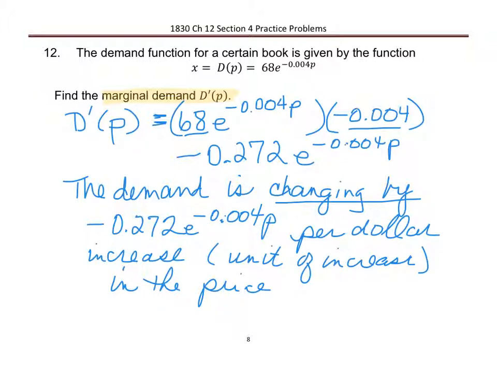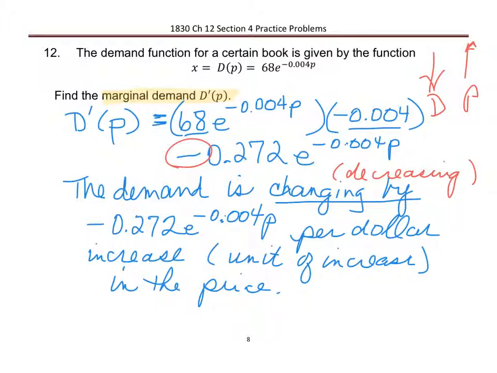Now, in all likelihood, this change is going to be negative. So that actually means that your demand would be decreasing as the price goes up, which should make sense because demand generally does decrease when the price increases, because people don't want to pay more for something.